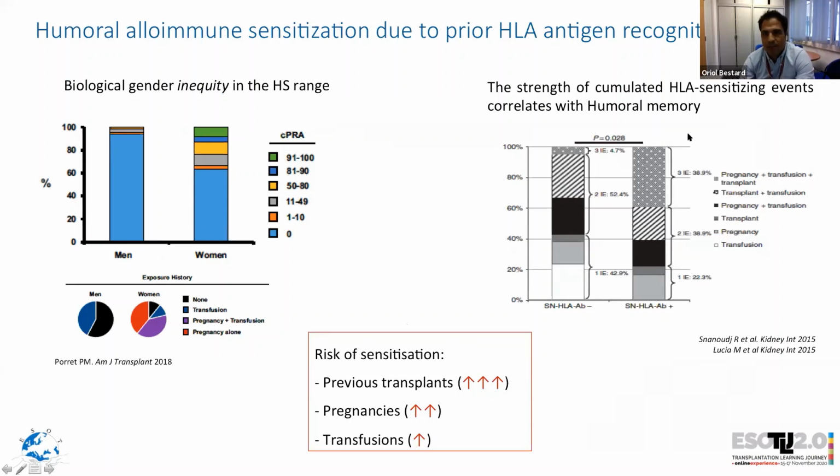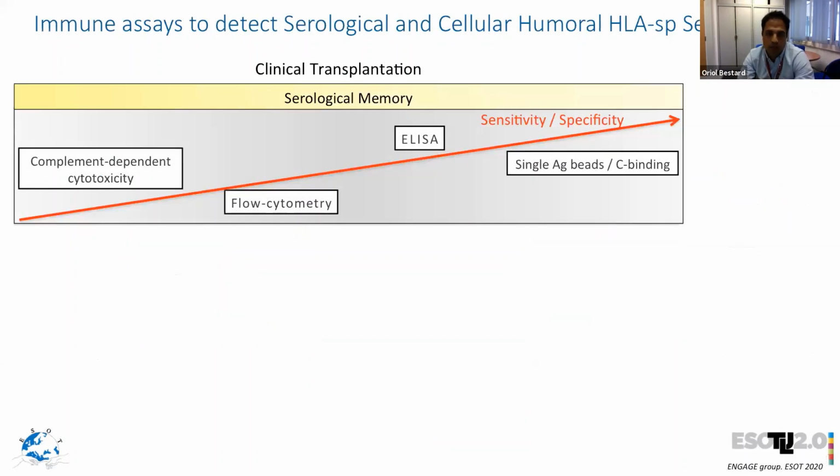And we also know that the cumulative amount of previous sensitization events will also impact very much the strength of the memory B cell response after a transplantation in our setting.